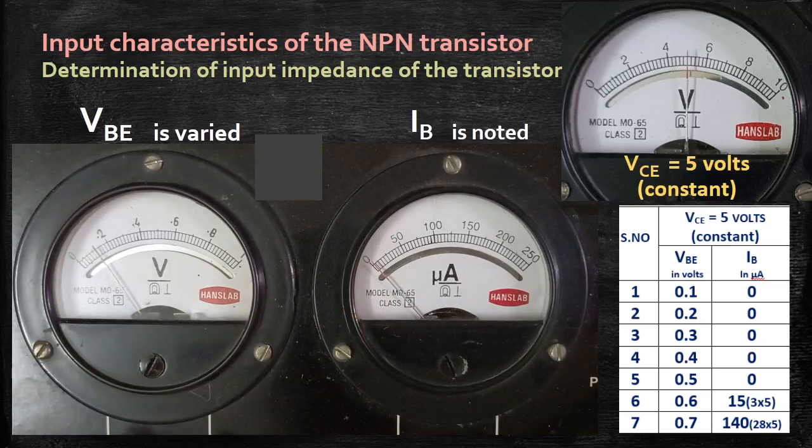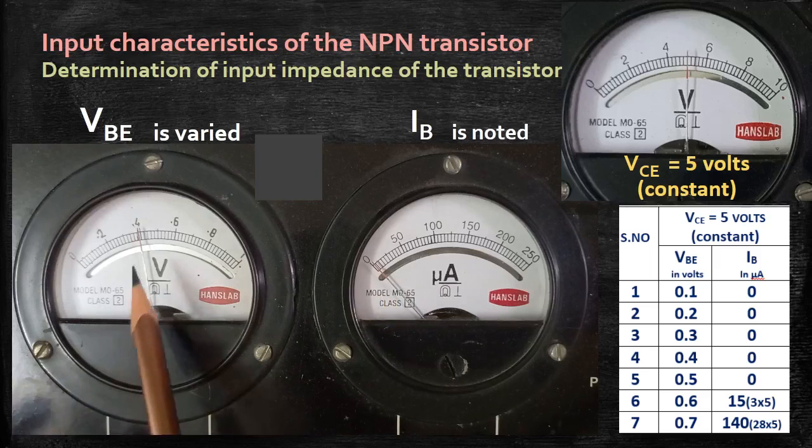For VBE 0.2, note down, the reading is still 0. For 0.3, what is the reading here? Again it shows 0. For VBE 0.4, what is the value of IB? Again it shows 0 microampere.